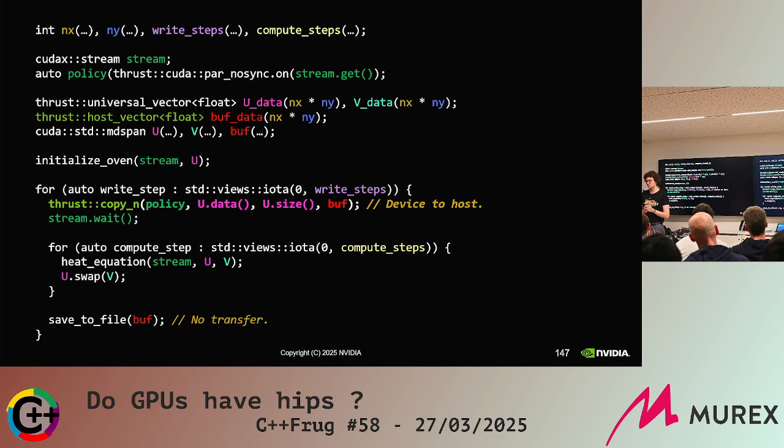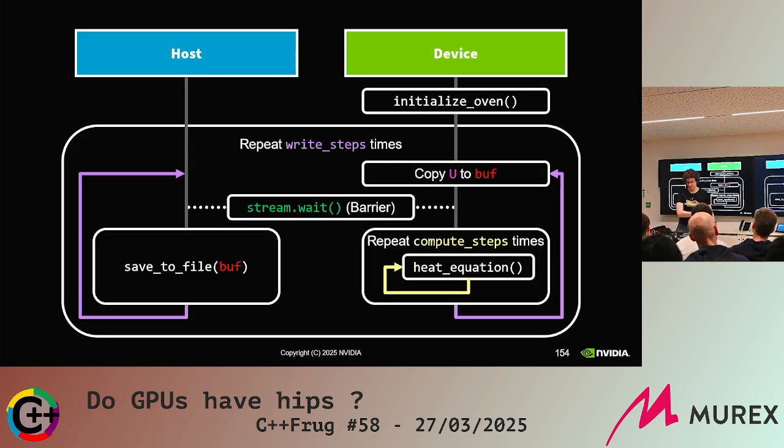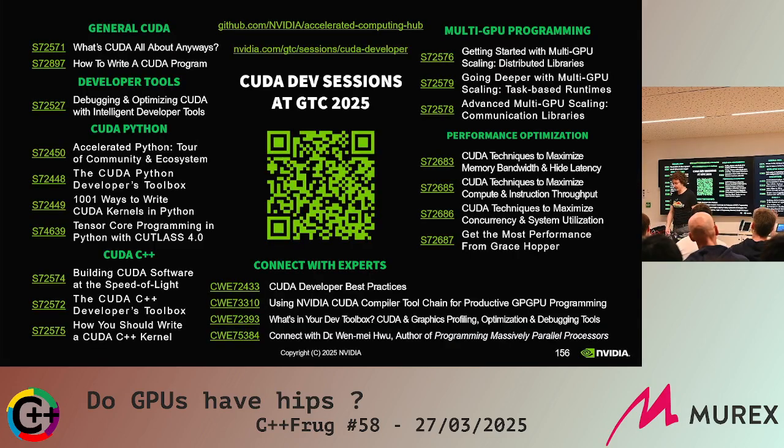It has to create its own little buffer internally of page-locked memory and copy to there. And so you get a much slower memory copy. So all those sorts of techniques, and how you can use host-pinned memory with thrust, which is just spelled thrust universal host pinned vector, are covered in the tutorial, which is linked here. And will probably be covered in a longer version of this talk that I'll give at some point.